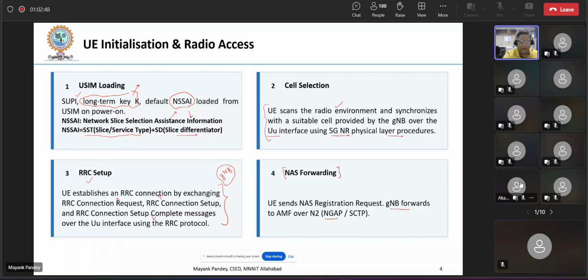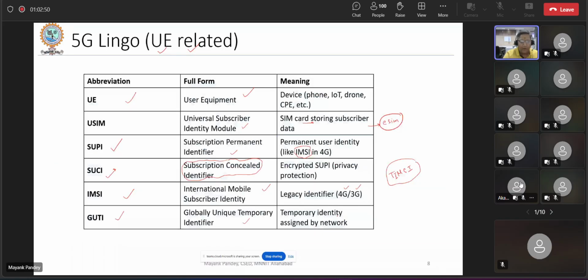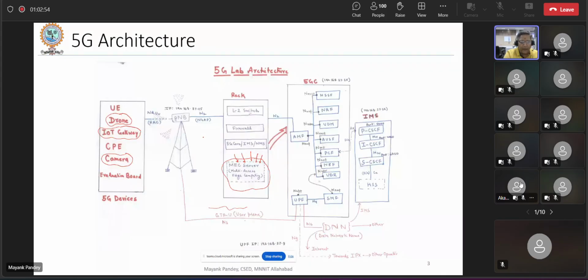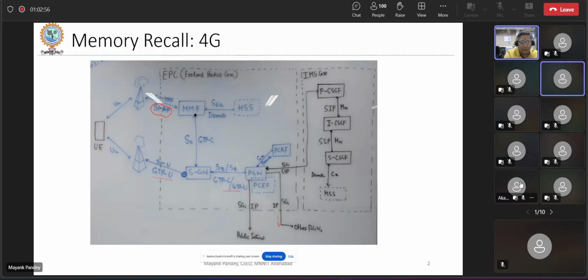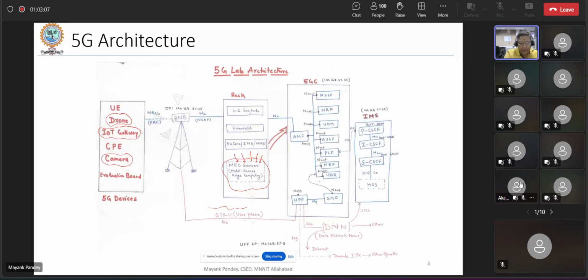Remember in 4G it was S1 AP, and your NAS was getting done between gNodeB and MME, and the interface was S1-MME. Here in 5G it is the N2 interface, and we are using the next generation application protocol.